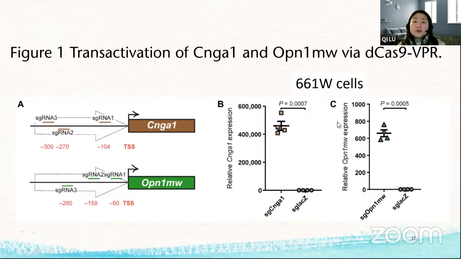So in the photoreceptor line with this Cas9-VPR system, the channel expression level increased, and there's no background expression, because the control using this sequence cannot activate the expression of the CNGA1 channel.